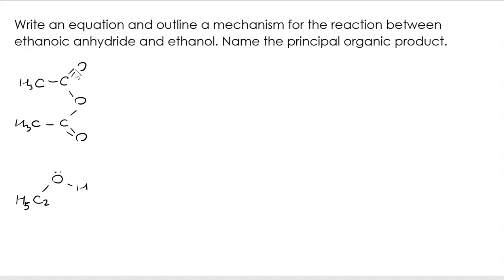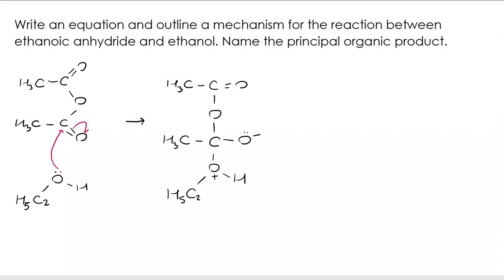And you can see here that we've got our acid anhydride, ethanoic anhydride drawn out. I've drawn my ethanol in the same format as I did with water, so the mechanism, you can see just how similar it is. My lone pair on the O will attack the delta positive carbon. That will cause the double bond to break between the C and the O, giving us an intermediate that I'm hoping you're really now quite familiar with.